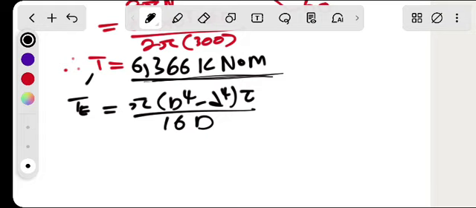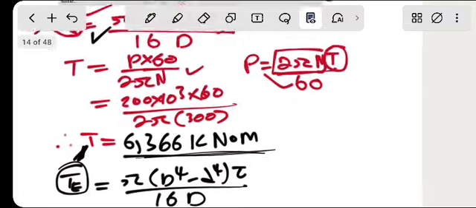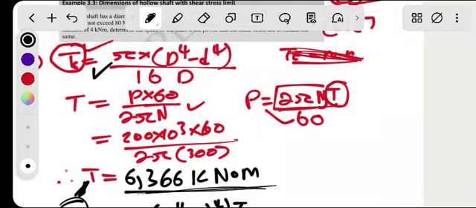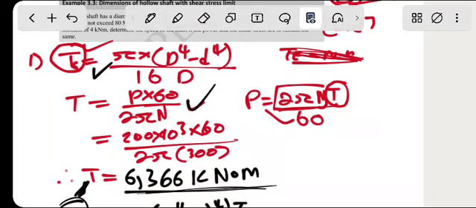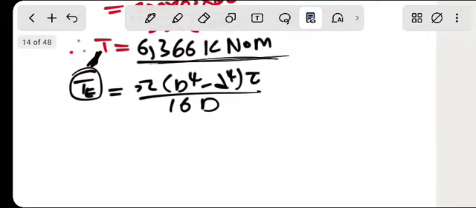This and this are one and the same thing, simply a torque, guys. It's the maximum torque. That is how you find your maximum torque. This is the formula for the equivalent torque.